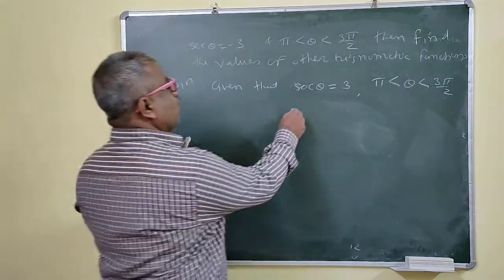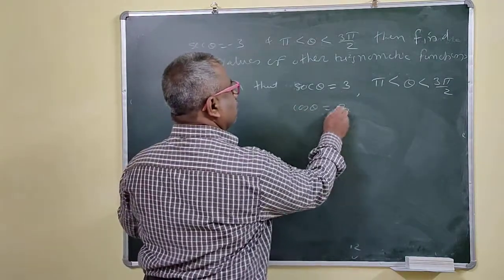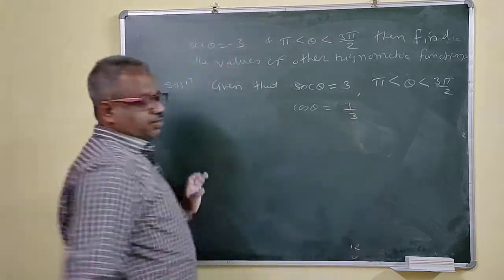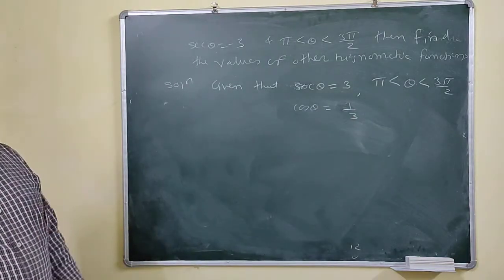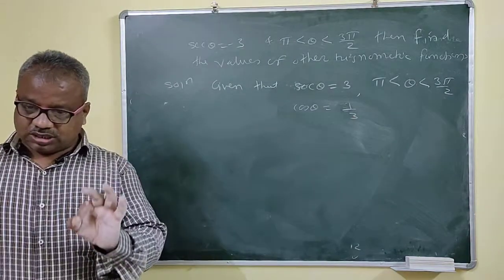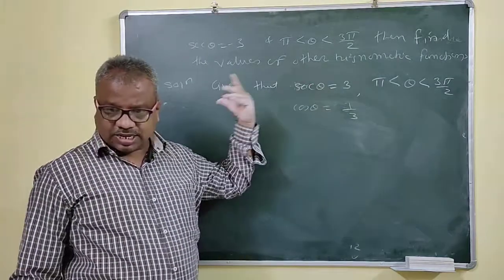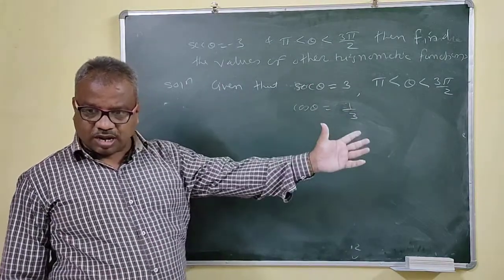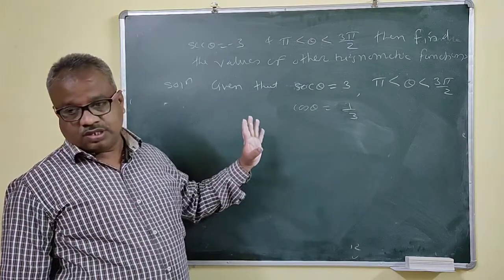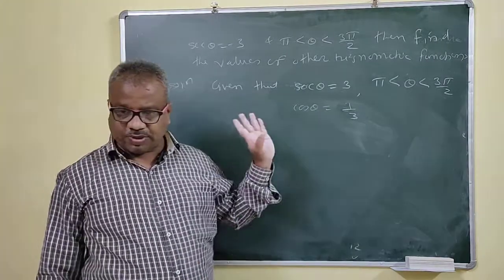So cos theta is equal to minus 1 by 3. Right? Once we get sin theta and cos theta, you can find the other trigonometric ratios. Only the other 4 trigonometric ratios have to be found here. First we will find the value of sin.